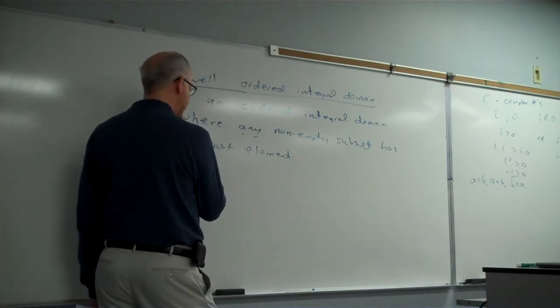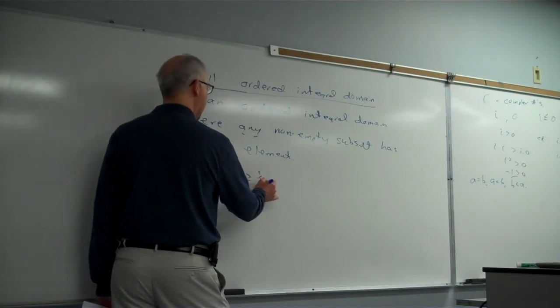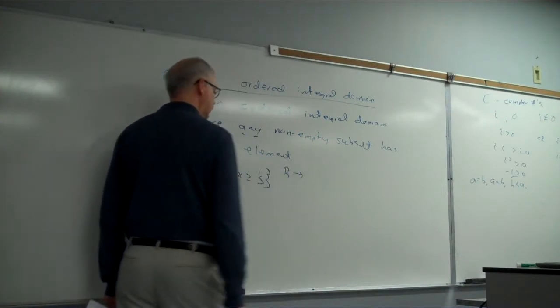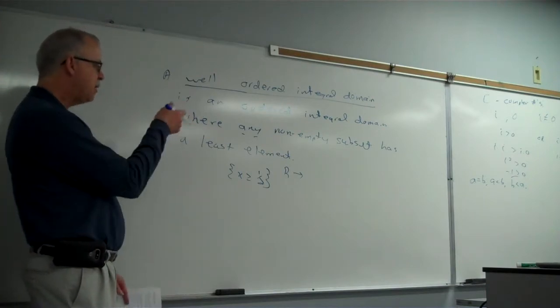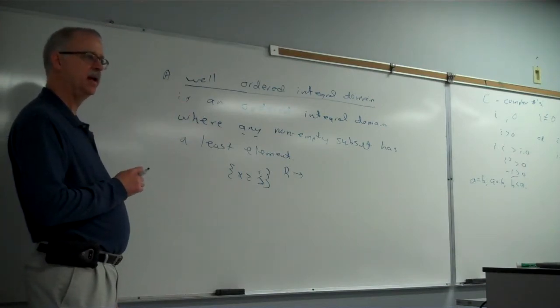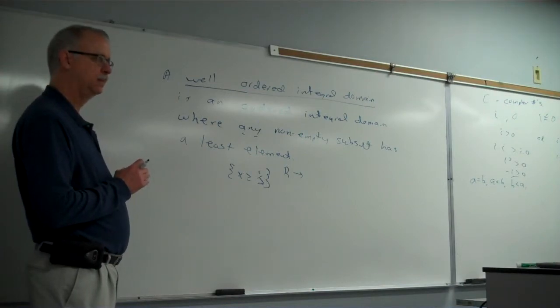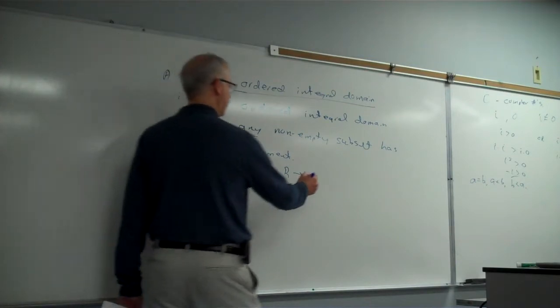So let's look at a few examples. Say the set of x greater than or equal to 1/2, and let's think of this on the reals. Is there a smallest element, or least element, in that set? Yes. What is it? 1/2.